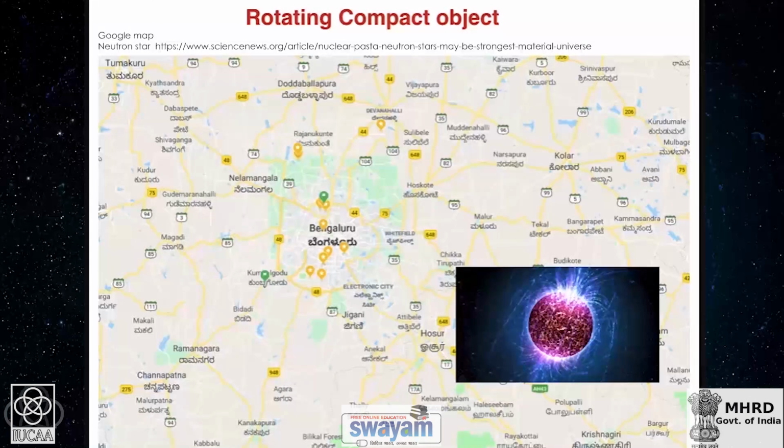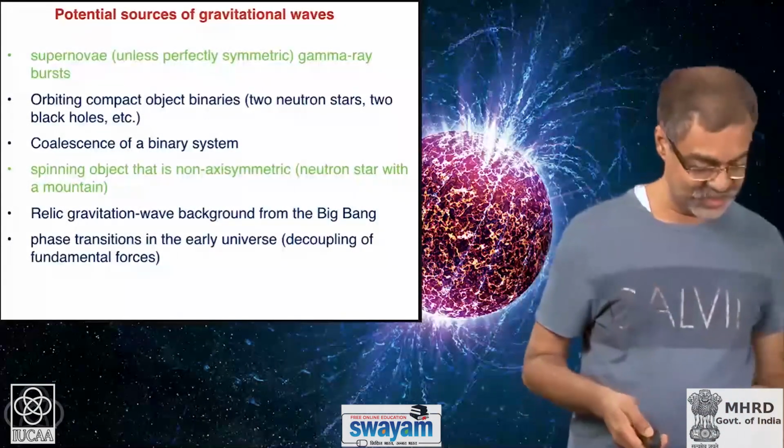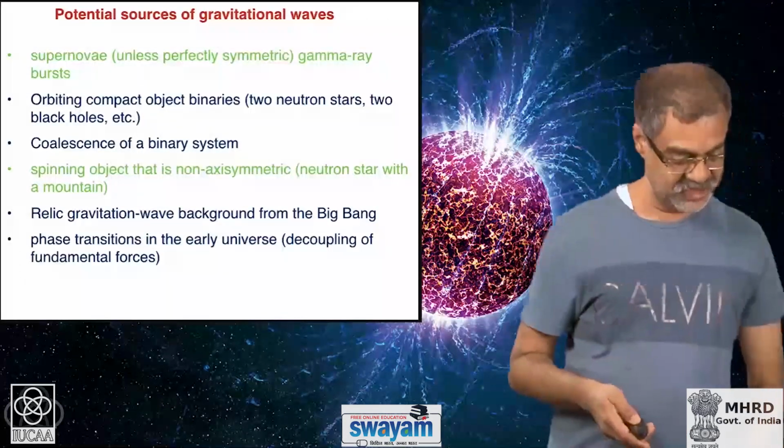For example, millisecond pulsars are rotating at a frequency of approximately 1 kilohertz. So, if these neutron stars have some asymmetry or a small mountain on them, when they are rotating fast, their gravity is already very strong and they can emit radiation, and this can tell us a lot about the structure of neutron stars and what is inside them. So, that is why this is one more important source of gravitational waves.